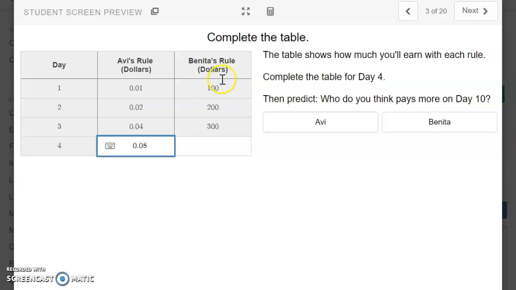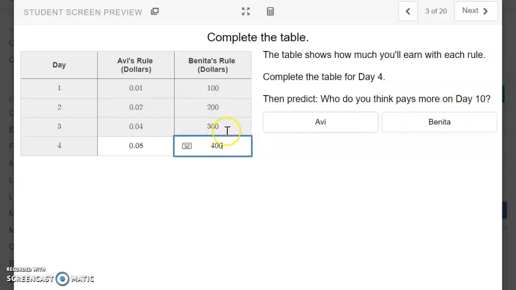What about Benita's rule? It seems like she's paying you $100 on the first day, $200 on the second day, $300 on the third day. So I'm going to assume she's going to be paying you $400 on the 4th day. So then predict, who do you think will pay more on day 10?